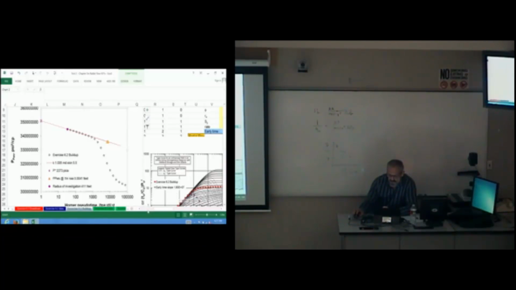Pseudo pressure versus Horner time, where your delta T is a pseudo time. And of course, on a Horner plot, your P sub 1 hour has to be calculated. It's a function of T sub P. So where you get your pseudo pressure at 1 hour for your skin equation is not going to be as simple as it is in a drawdown. You have to calculate Horner time at 1 hour.